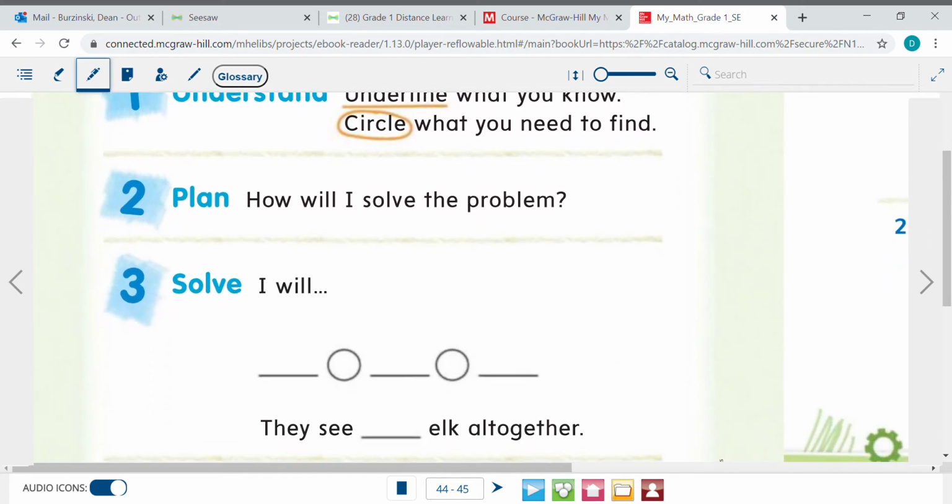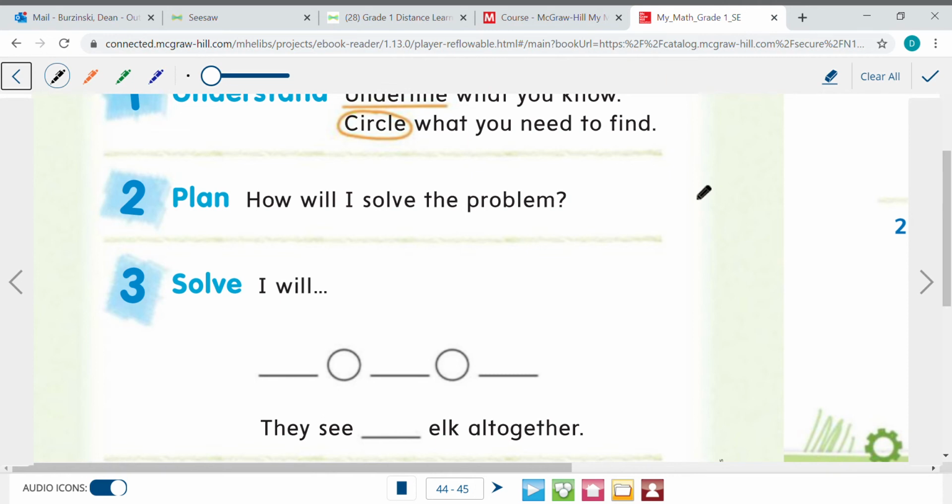So let's do that. 2 elk in the field, and we're going to plus them or add them together because we need to know how many are in all. And 2 elk, and we have 5 in the forest, and we make sure we put our equal sign. And here's what you can do. I can make my little markers. I'll just put circles, and I'll make 5 here and 2 here.